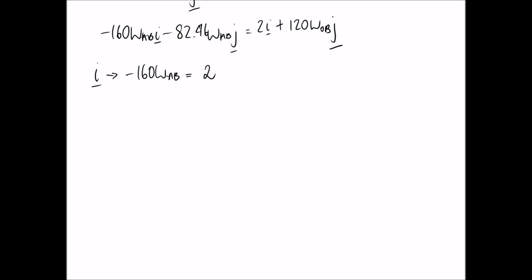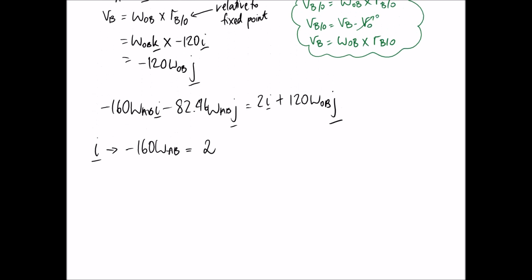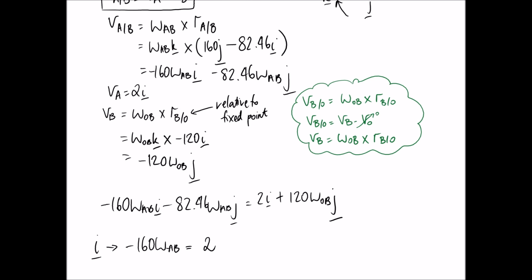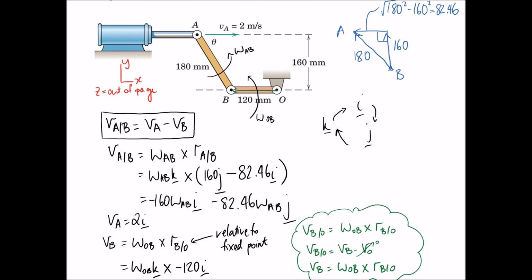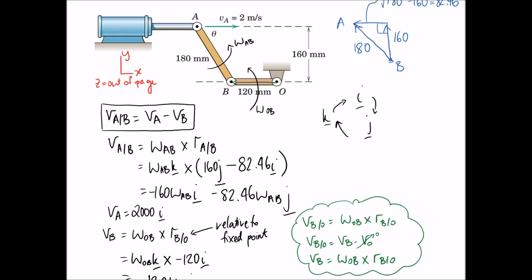Oh, and I've just realized I made a small mistake. All of these different dimensions I measured in millimeters, okay, but this was in meters per second. So all I've got to do is just either convert everything from millimeters to meters or meters to millimeters. So I think the easiest one is just to fix this one up. So this should be 2000 i, because it's 2000 millimeters per second then, which reflects all these other units.